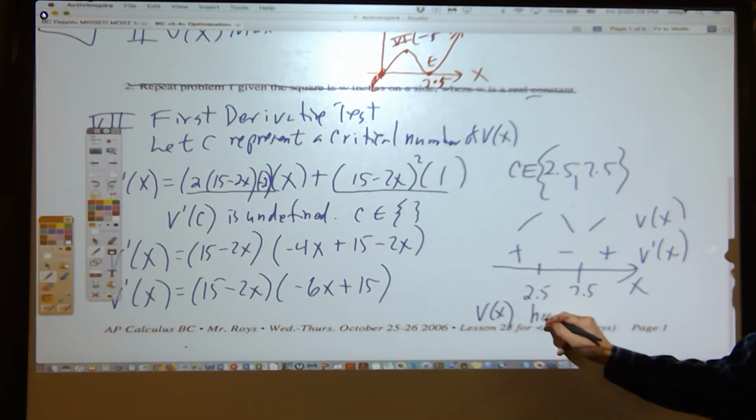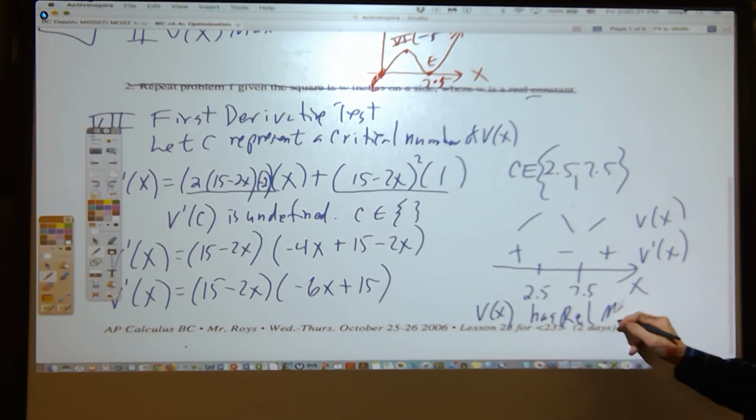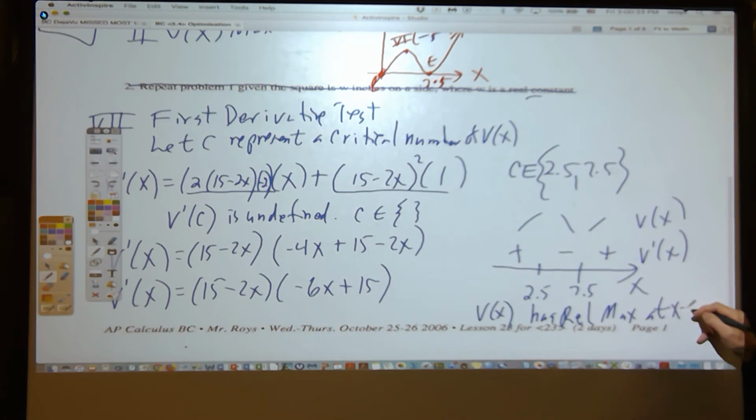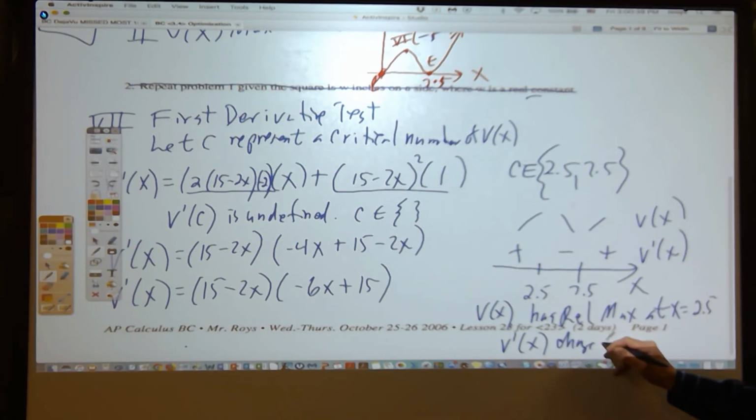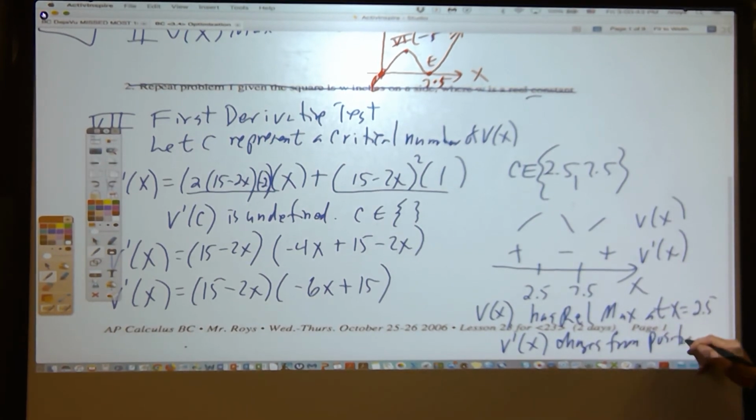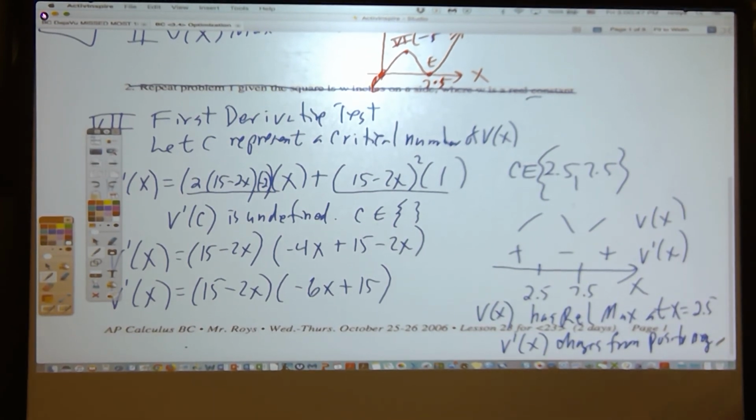Since the leading coefficient of our derivative is negative, we would say v of x has a relative maximum at x equals 2.5 because v prime of x changes from positive to negative. That completes Roman numeral 7, based on which I can say the final answer is based on x equals 2.5.